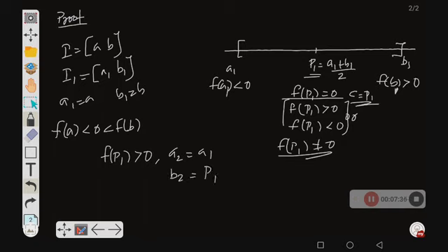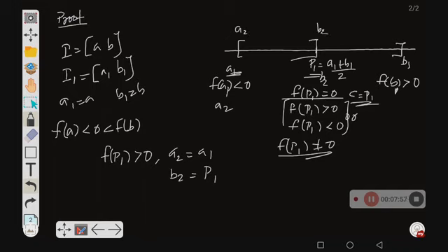That is, a1 becomes a2 and we call p1 as b2. So we are getting this interval a2 b2.